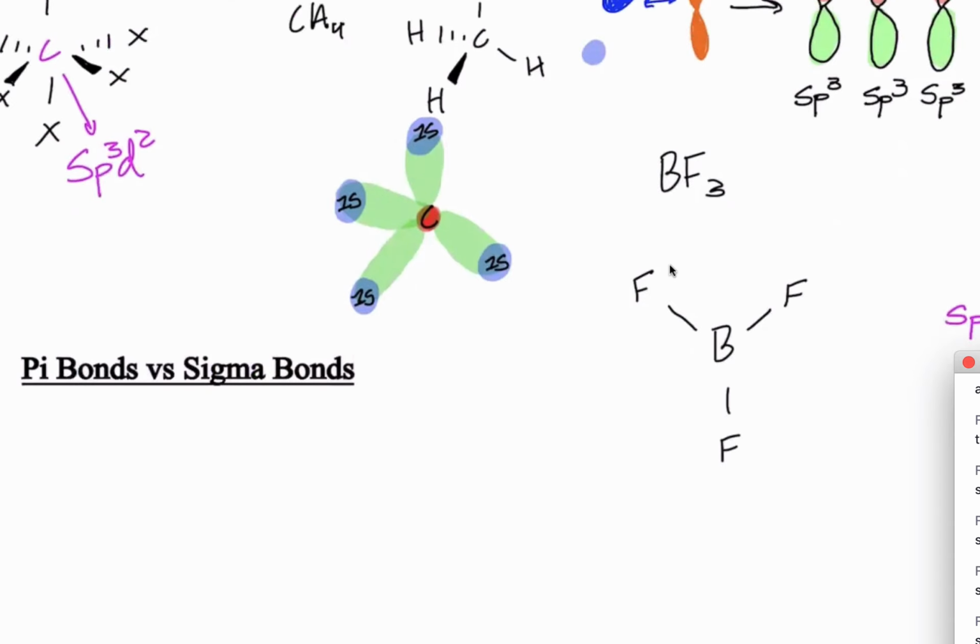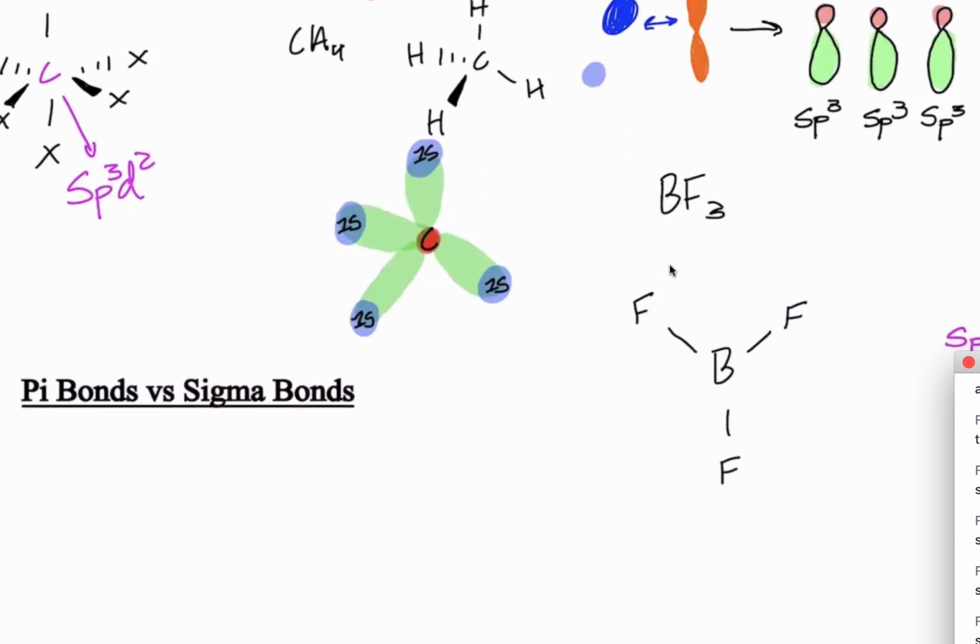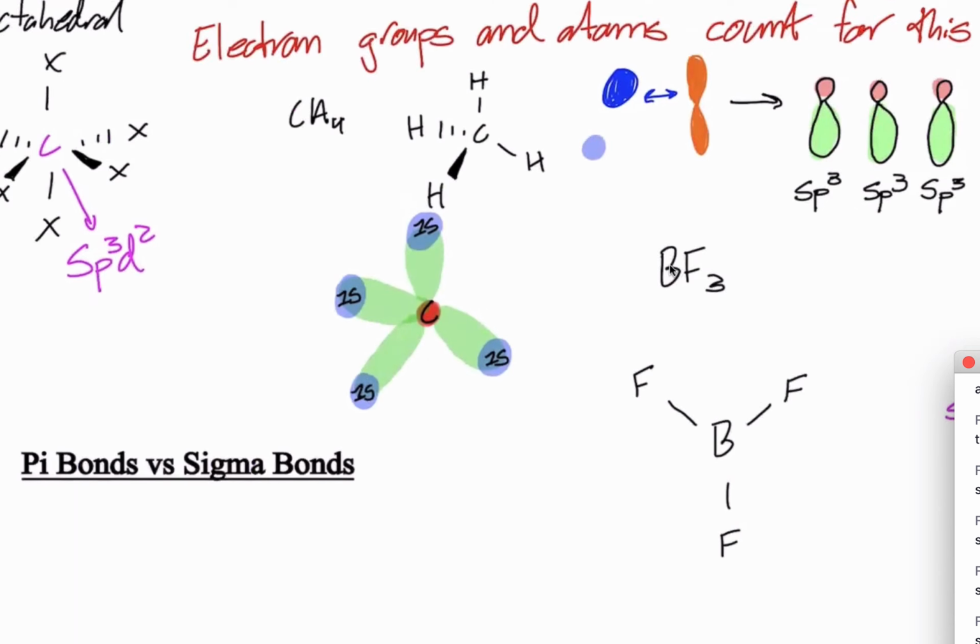Okay. So we do the same thing where we create these hybrid orbitals, except in the sp3 case, there's 1 s, and that's hybridizing with 3 p orbitals, okay? So 1 s hybridizes with 3 of those p orbitals.